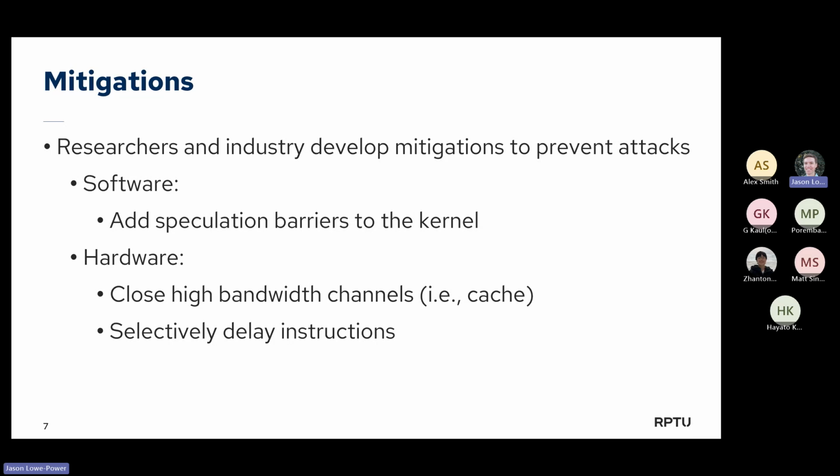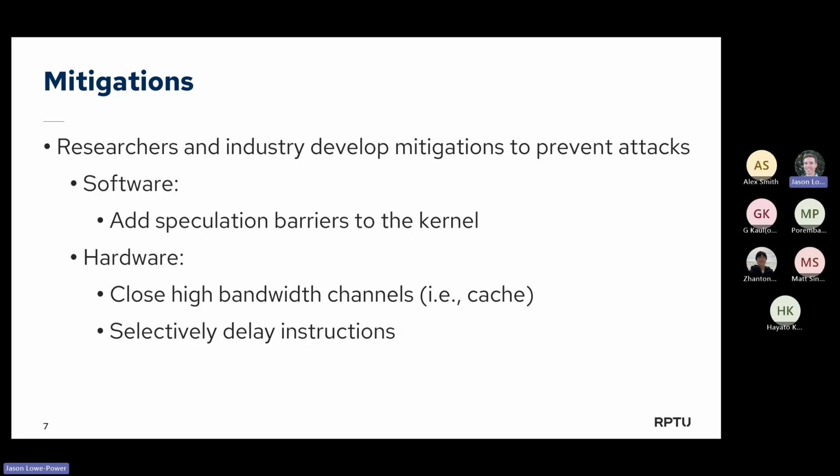The discovery of Spectre and Meltdown kicked off a big field of research. I mean, the first presentation today was also from a person doing research in Spectre attacks. It can be done either in software by adding speculation barriers to the kernel, or doing it more sophisticated.